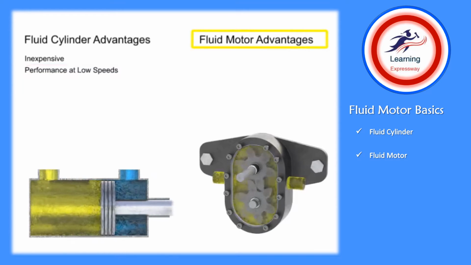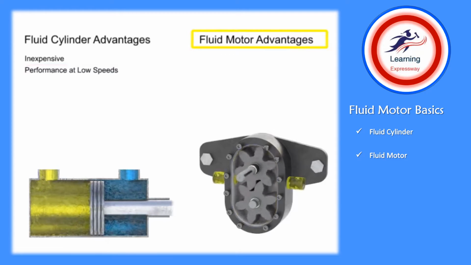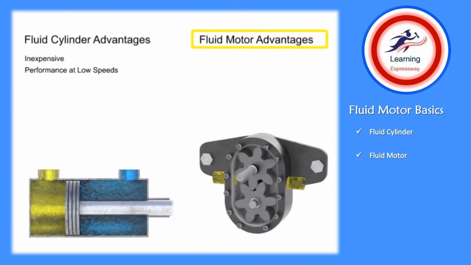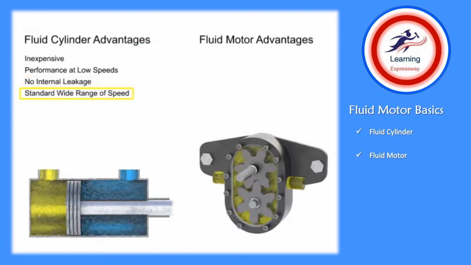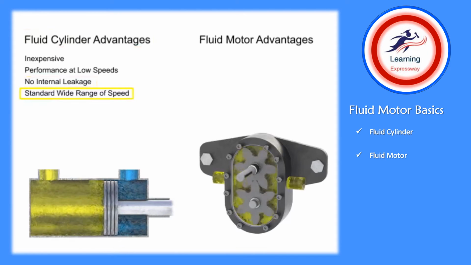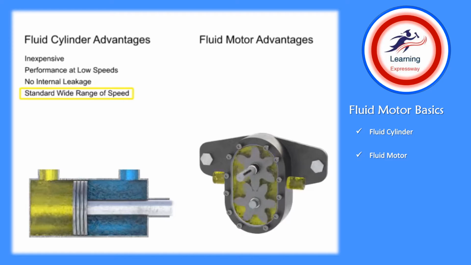Fluid motors, on the other hand, have metal-to-metal internal surfaces which use a small amount of leakage for lubrication purposes. A cylinder with leak-tight seals can be operated over a wide range of speed, under changing loads, and with reasonably consistent performance.